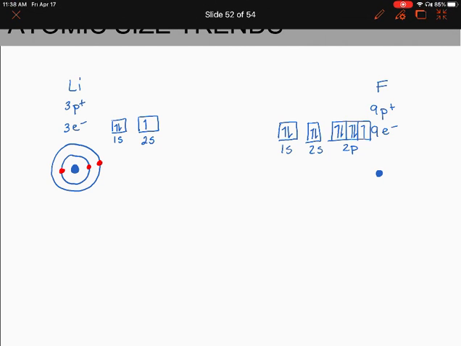Okay, so we have 2 energy levels again, energy level 1 and energy level 2. And we've got 2 electrons in energy level 1, and then we have 7 electrons in energy level 2. So 1, 2, 3, 4, 5, 6, 7. I did not evenly space those, that's okay. So remember that you can determine the number of valence electrons by the group number.